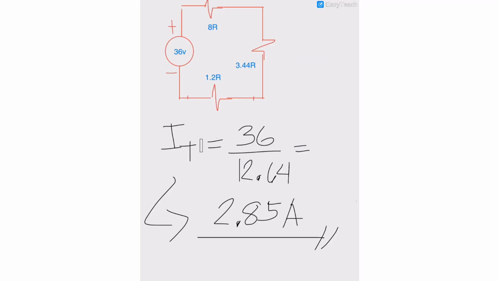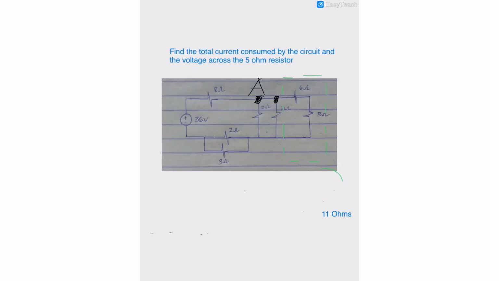So we can use the formula for CDR. If we use that, we can identify the current passing through this 6 ohm and 5 ohm resistor, and the current there is the same for these two resistors, and we can apply Ohm's law to solve for the voltage across the 5 ohm resistor. So let's start.